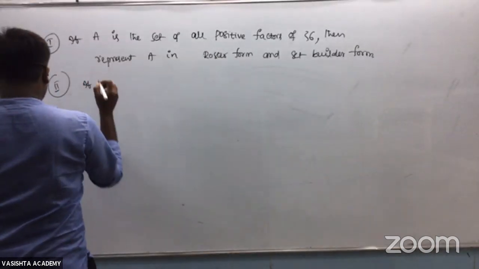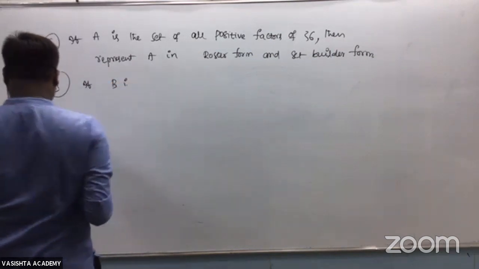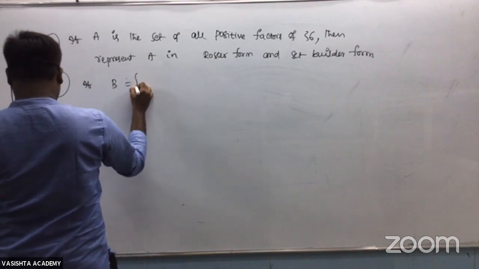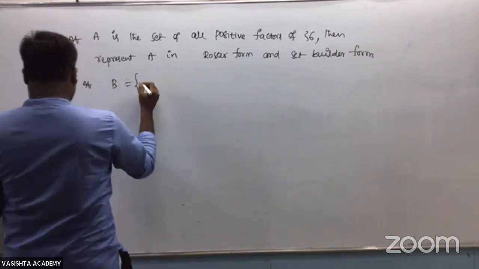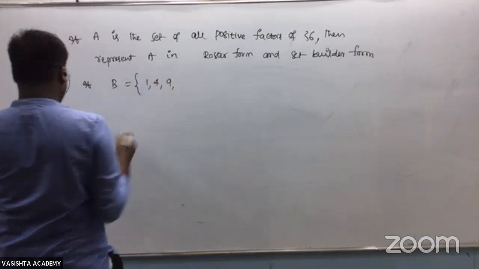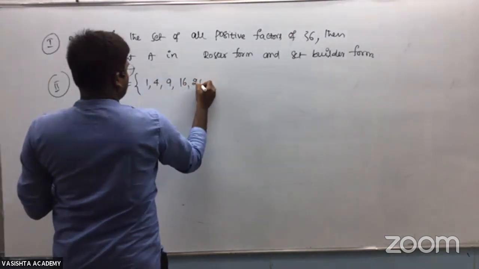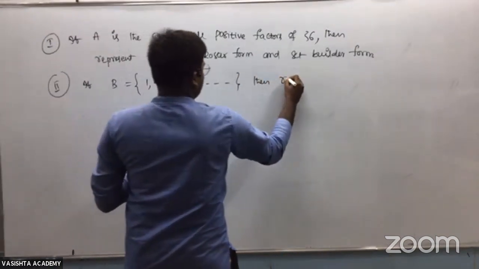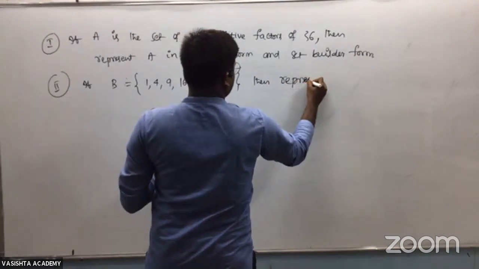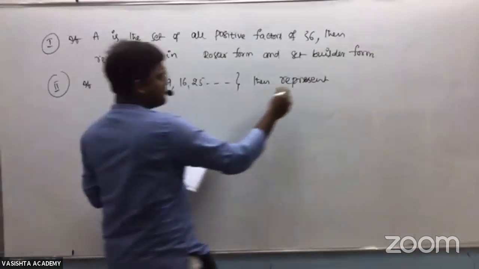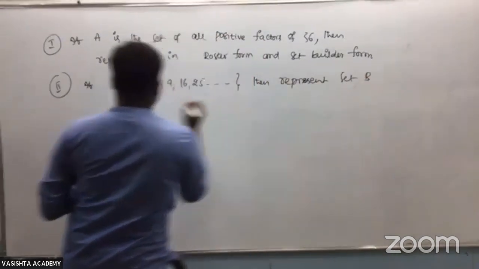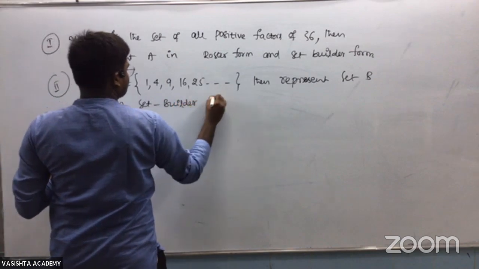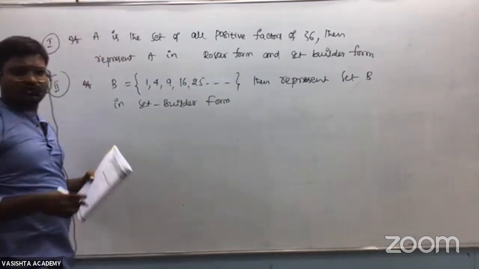Now, next one, if B is equal to, and so on, then represent set B in set builder form. I have already given you the roster form.